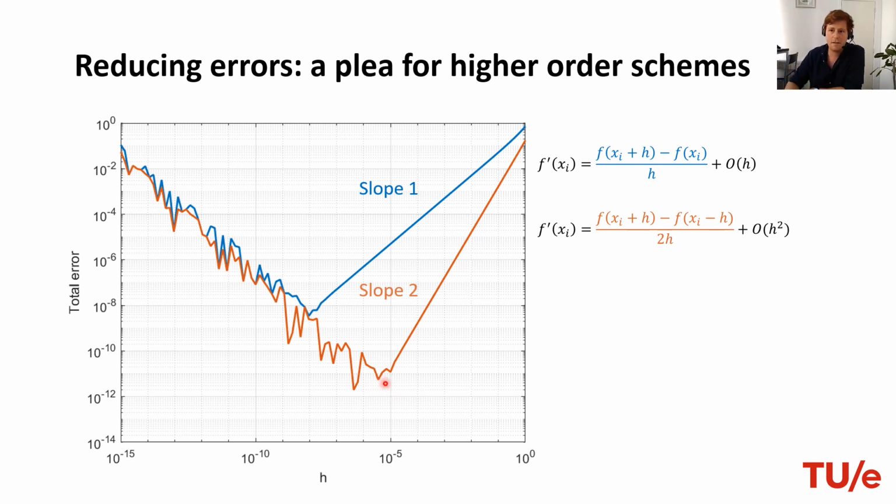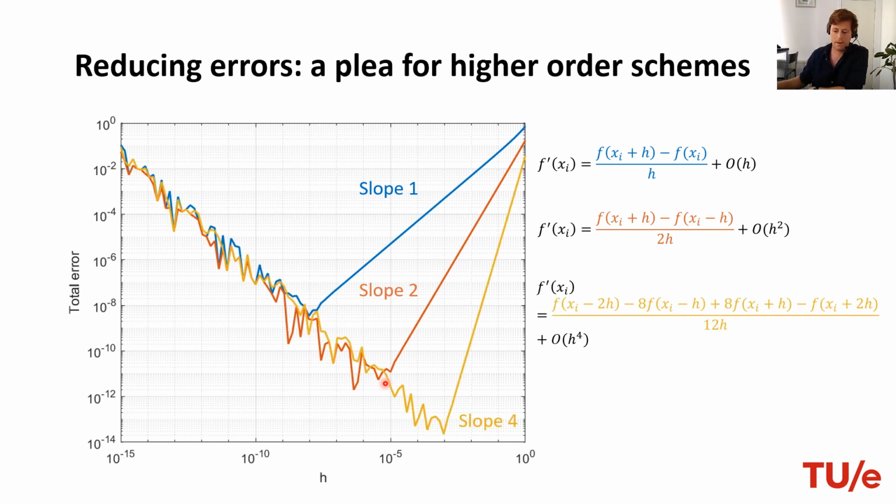If that's still not sufficient, we can go to higher order schemes even. For instance, a fourth order finite difference scheme, which is not explicitly derived here, but you can find it in the summary of finite difference formulas in the textbook. For this, we see that this corresponds to a slope of 4 when the truncation error is dominant.